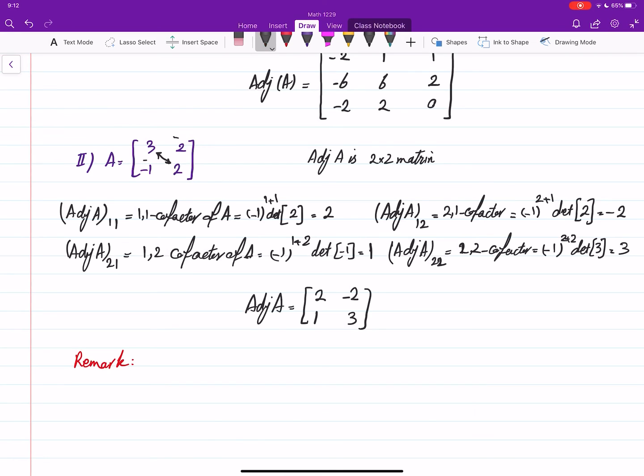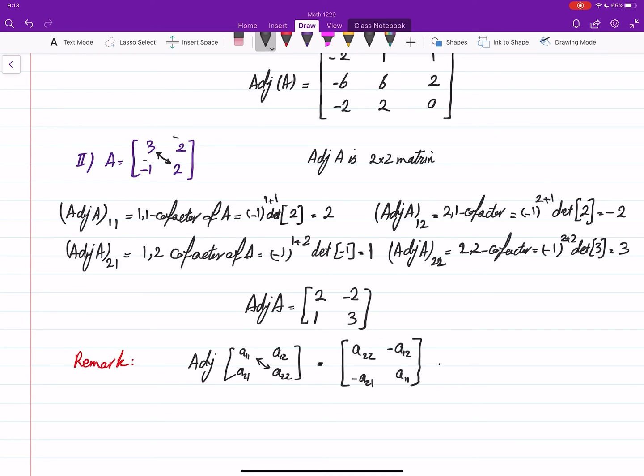For 2 by 2 matrices, adjoint of A with entries A1 1, A1 2, A2 1, A2 2 is: you interchange the entries on the main diagonal and multiply the off diagonal entries by a negative sign.